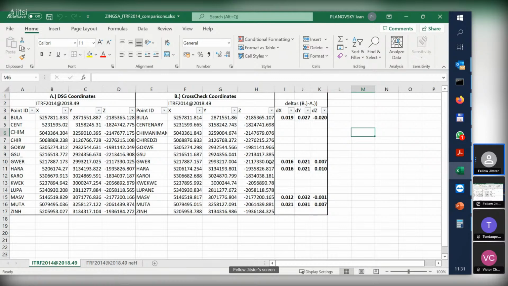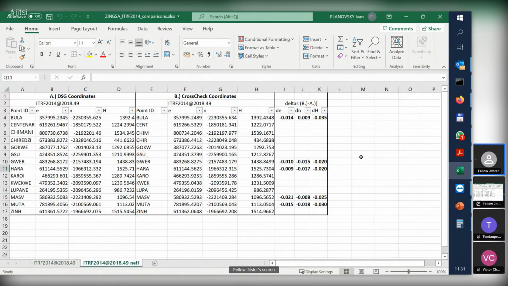So it's very difficult to say something about it. It's always better to transform these coordinates into horizontal components and height. So I made a quick transformation to east-west direction, north-south direction, and height.